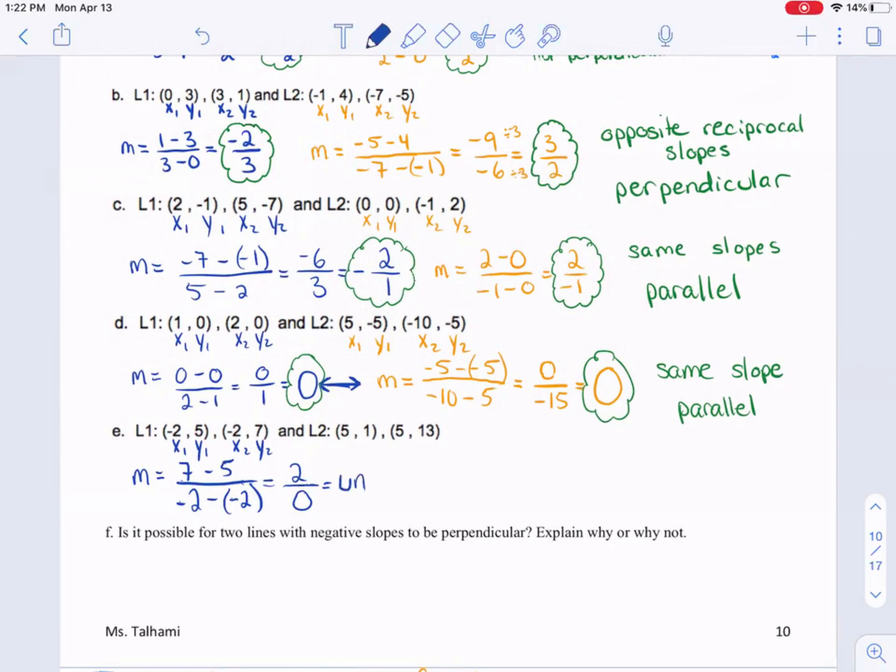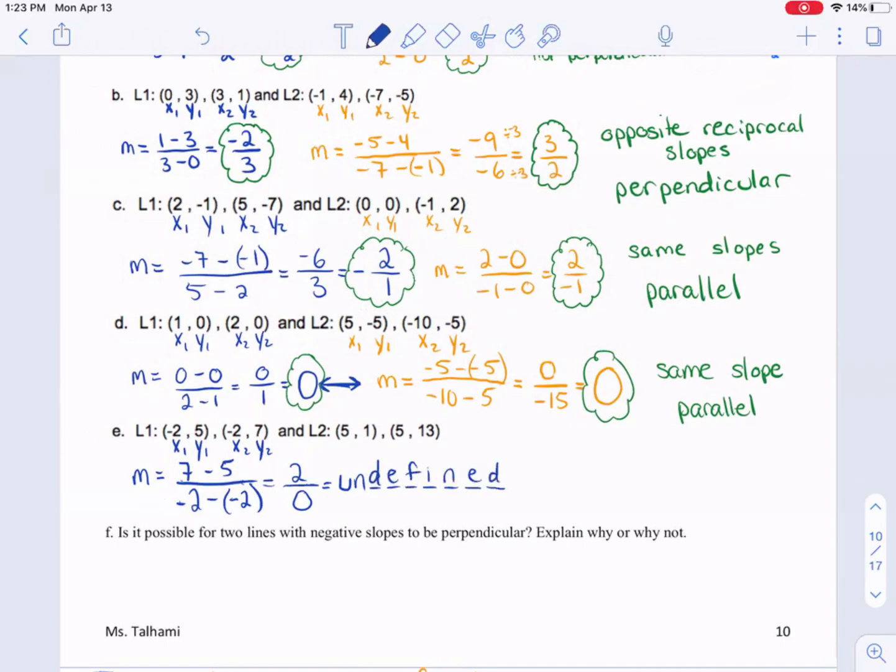UN dash dash dash dash dash. I think I'm missing one dash. One more. Can you think of that word? When 0 is in the denominator, it is undefined.